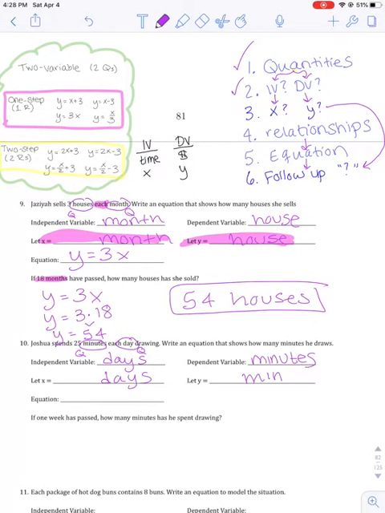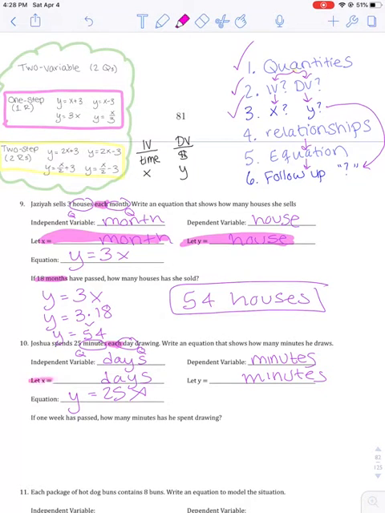That's step 2. Step 3 is to drop those down to X and Y. X is always independent, Y is always dependent. Step 4 is to find the relationships because this is going to help me with my equation. Like the last one, I really just see one word, each. So I bet my equation is going to be similar to my last one too. I always have Y equals first, and then 25x.